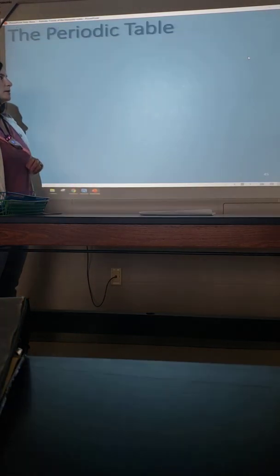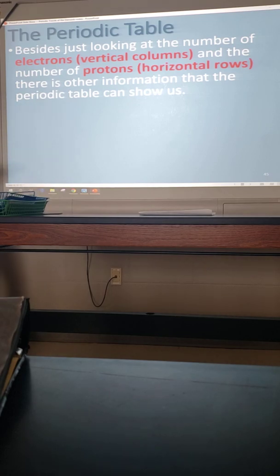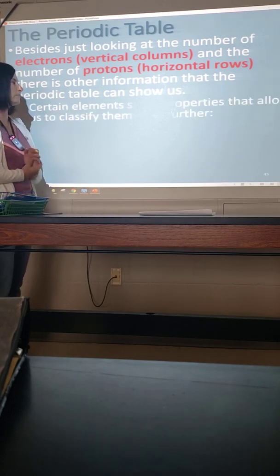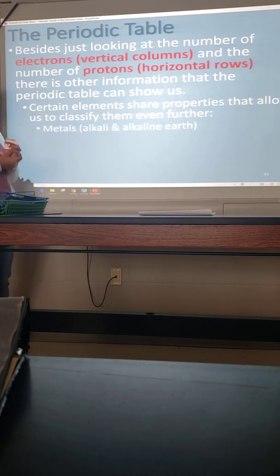It will, I promise. All right, so besides just looking at the number of electrons in those vertical columns, and the number of protons in the horizontal rows, there's other information that the periodic table can show us. There are certain elements that share properties that allow us to group them further. So here are a few more vocab words. Metals, like the alkali and alkaline.